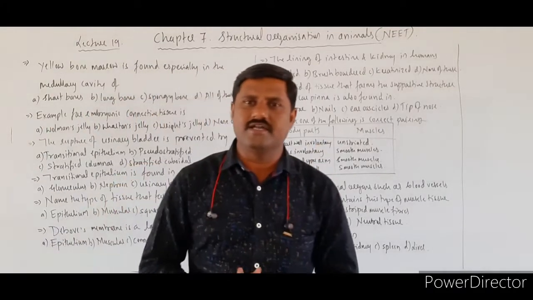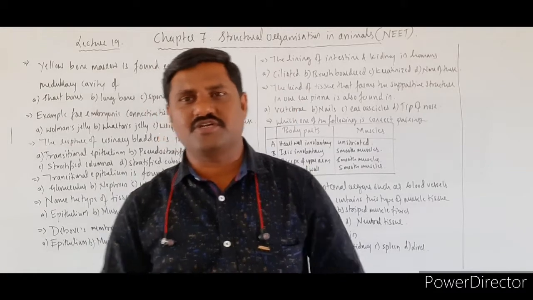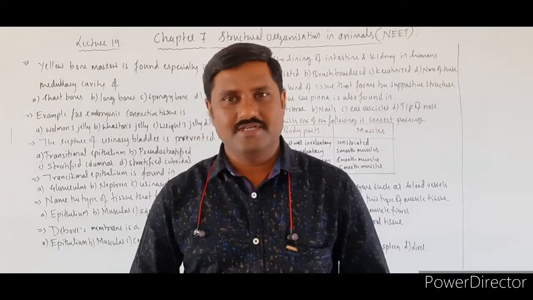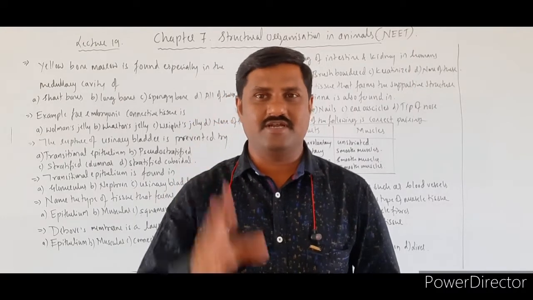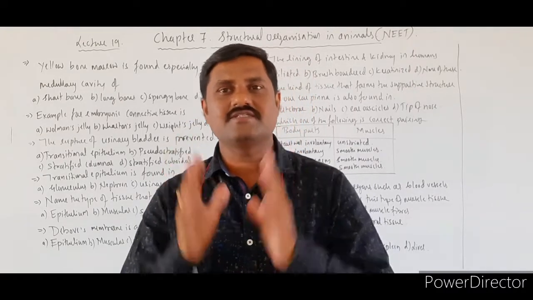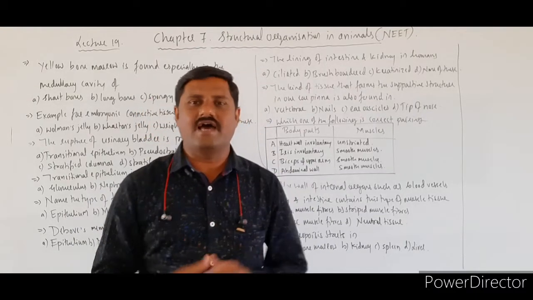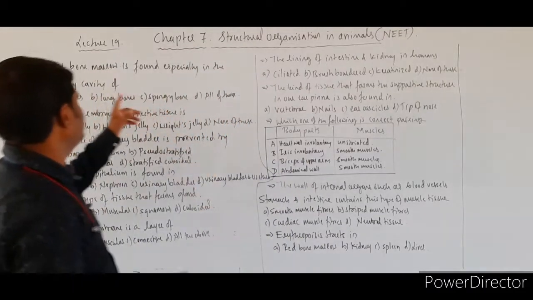So we have studied the macroscopic structure of the bone itself, mammalian bone. There we have studied three major sections. In one section, that is medullary cavity, is also one section. In that, so what is the question?